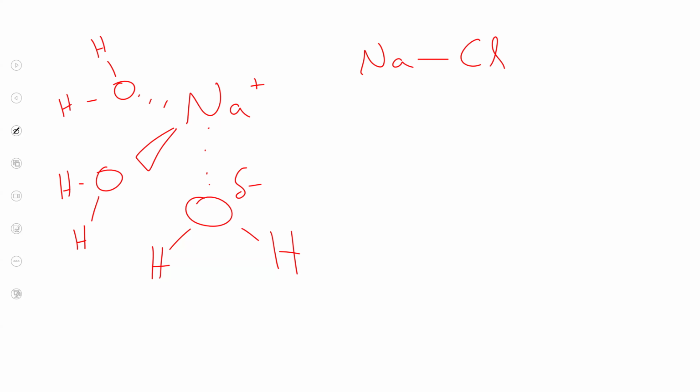And then the same thing happens with the chloride, right? Because chloride's a negative charge, you wind up with chloride being surrounded by the hydrogen side of a water molecule, because that's a partial positive.